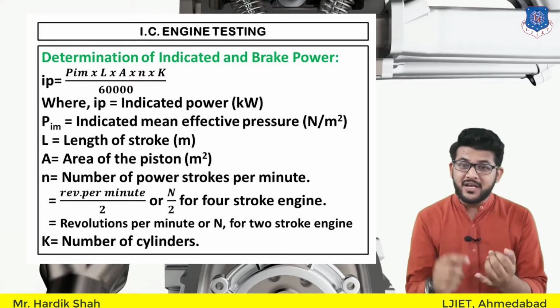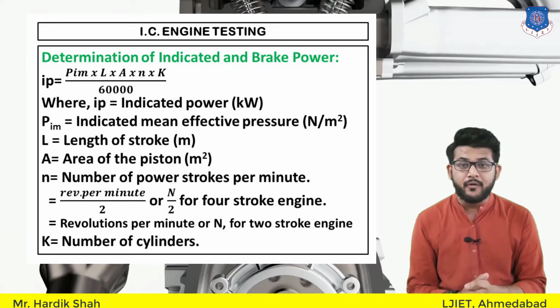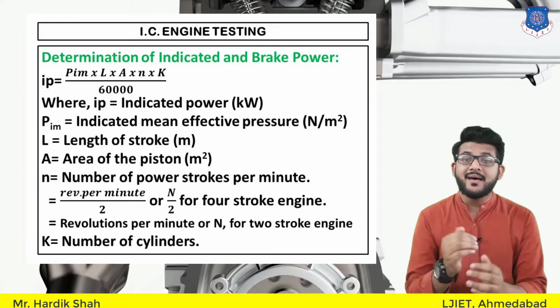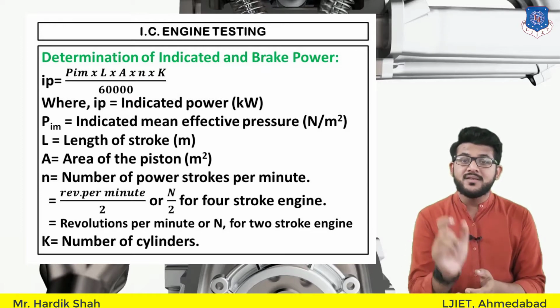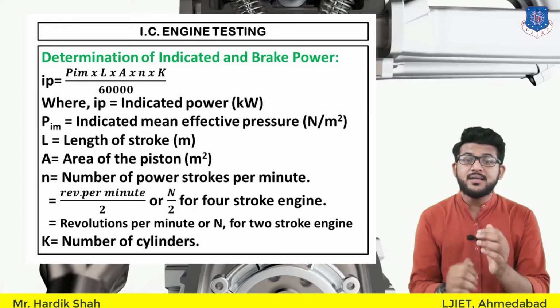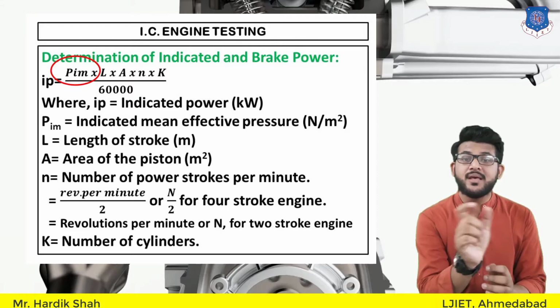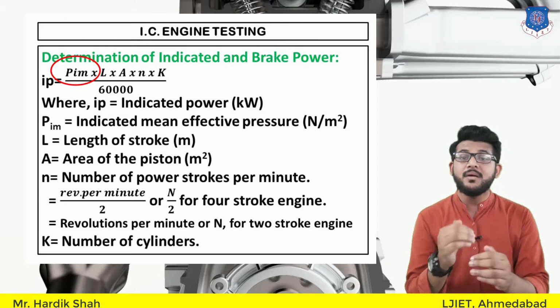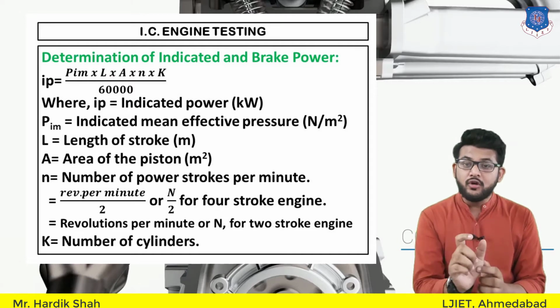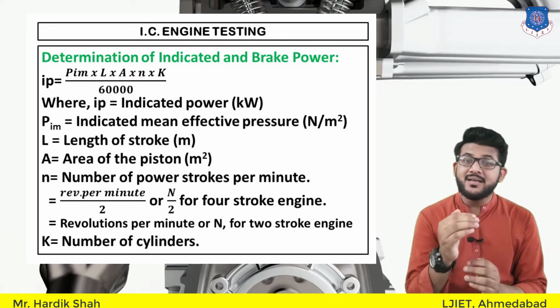You need to find the pressure, the RPM, and the type of engine, 4-stroke or 2-stroke, and thereafter you can find the IP. Basically the more tedious work is in finding the pressure, that is PMB, or you can say PMI, the mean effective pressure, right? So we have to find the mean effective pressure inside the engine.